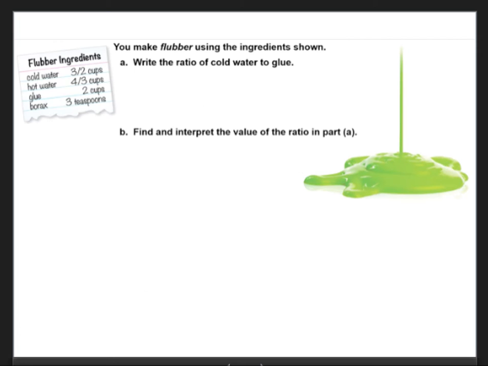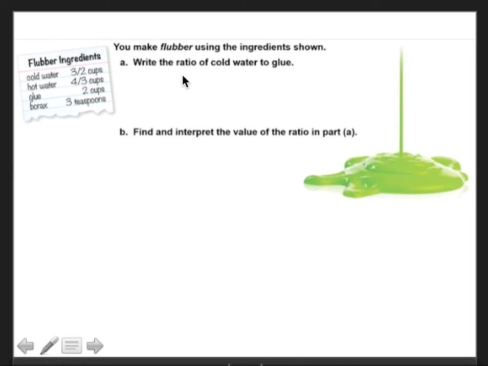All right. Now, we're going to move on to something a little bit different and look at what some of these ratios mean in recipes. I don't know if any of you have ever made flubber or slime or some of those kinds of things, but here's a recipe for flubber that has 3/2 cup cold water, 4/3 cup hot water, 2 cups glue, and 3 teaspoons of borax.